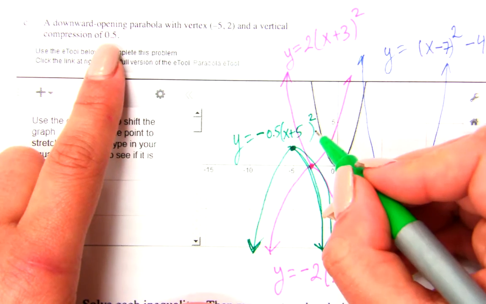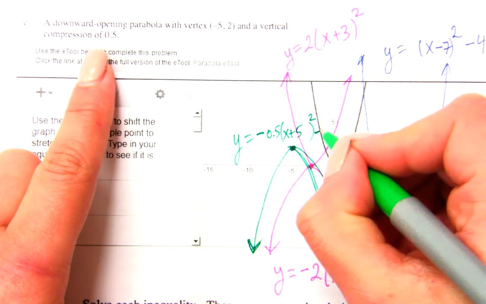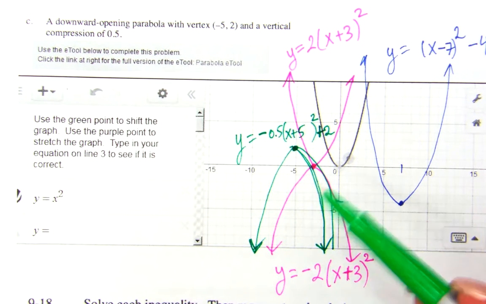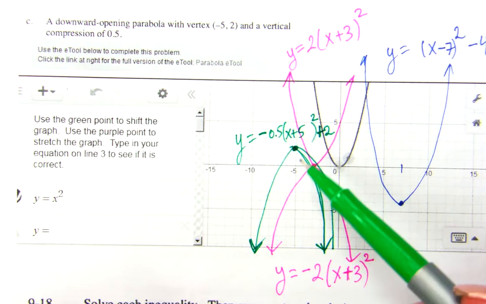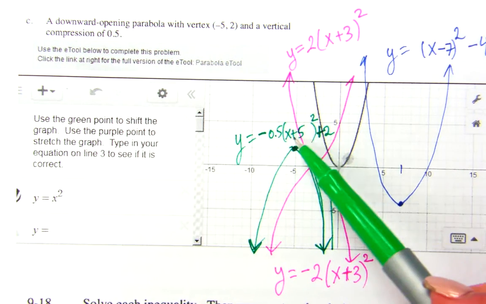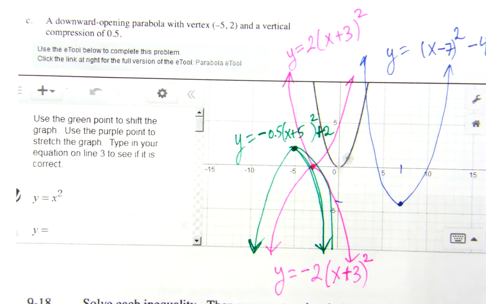And you went up 2, so plus 2. So it's -0.5 because you're going down, and then you're going to make it wider, not skinnier. And then you went to the left 5 and then up 2. That was 16.